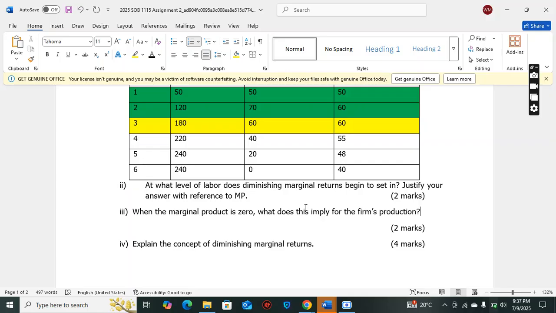It doesn't bring any additional output at all. Now, what does this imply?